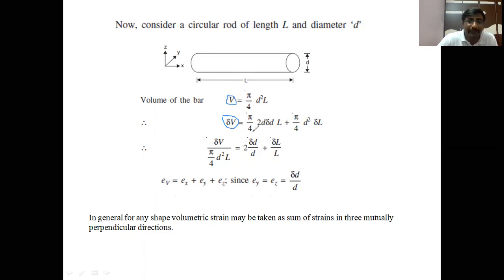On the right hand side, pi by 4 is a constant value. Differentiating d square gives 2d into delta d, and L remains constant here. Plus, pi by 4 and d square remain constant in the second term, and then the differentiation of L is delta L.